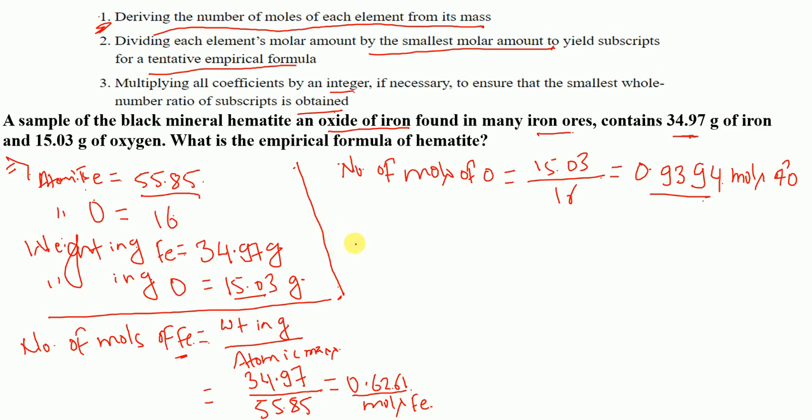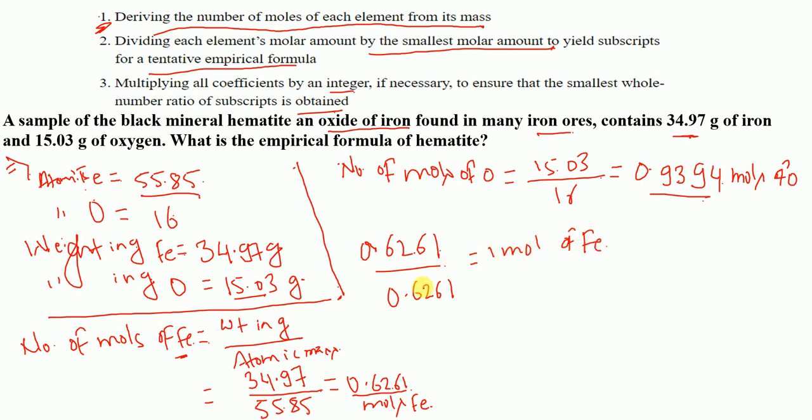So what will we get? We divide 0.6261 by 0.6261, which is actually 1 mole of iron.